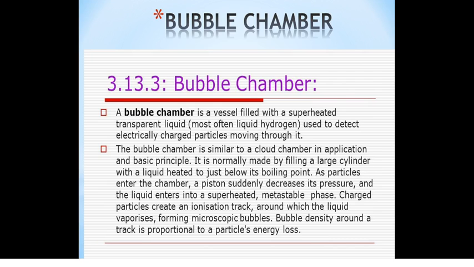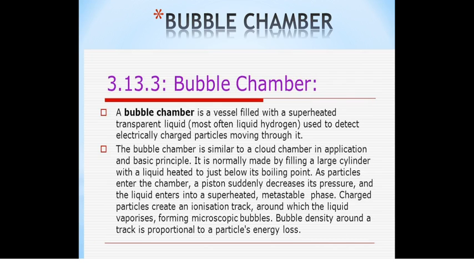Again, the radiation enters the chamber and ionizes the particles, and the liquid vaporizes on these ions, forming microscopic bubbles. So this chamber is known as a bubble chamber.